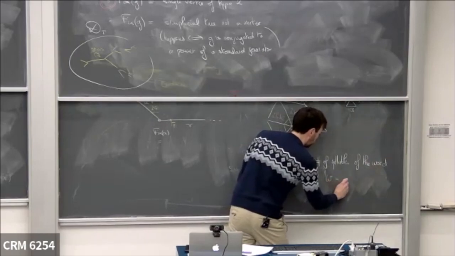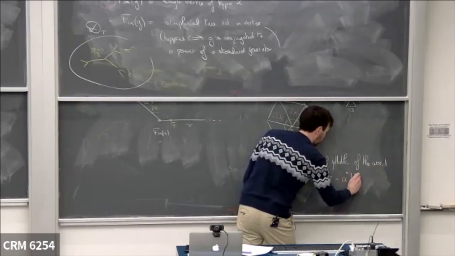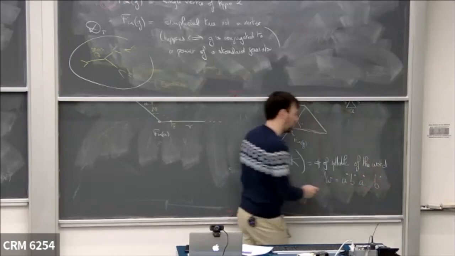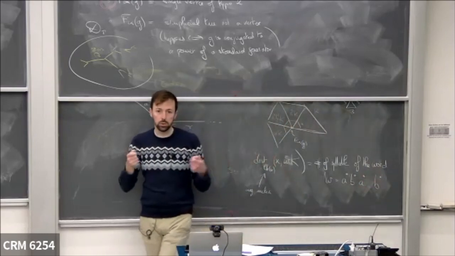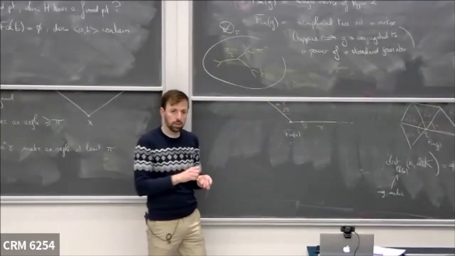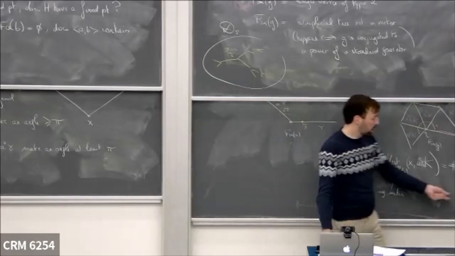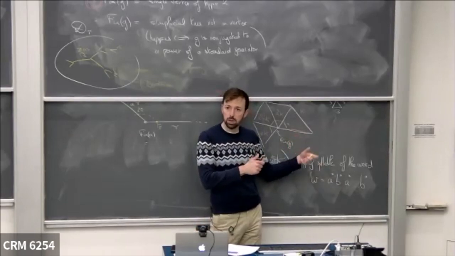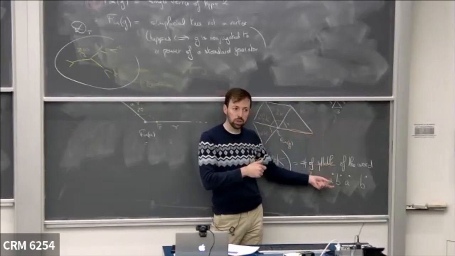A syllable is a power of either A or B. You're probably familiar with the word metric, where you count the number of A's and B's and A inverse and B inverse that appear in your word. Here, we group them together so that A to the 5 counts for only one syllable, B to the 3rd counts for only one syllable, etc.